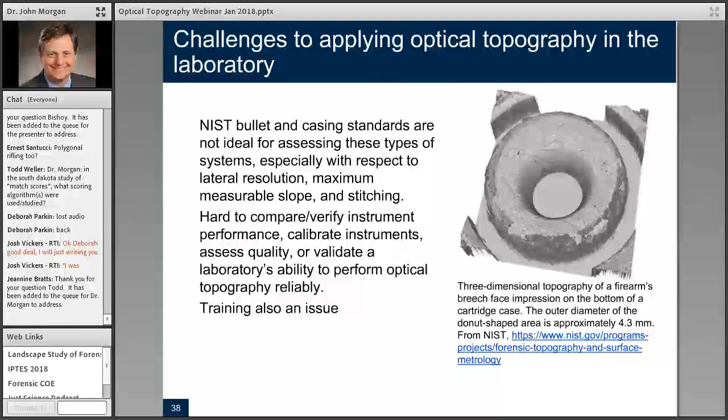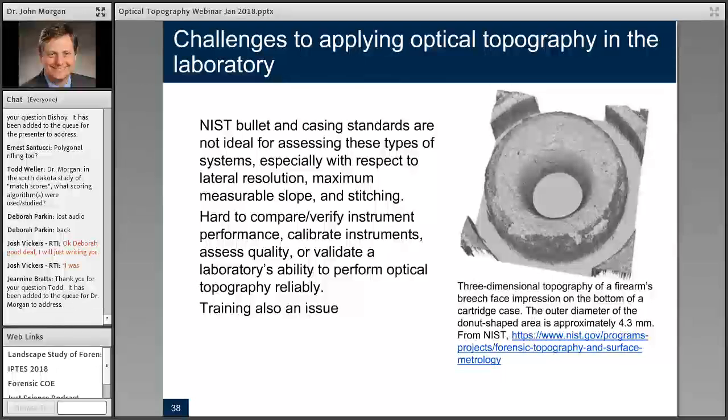And of course, there's an awful lot of steep slopes in cartridge case and bullet examination. A lot of them can do those slopes, but there are limitations there, and those need to be understood and quantified as part of the validation process.